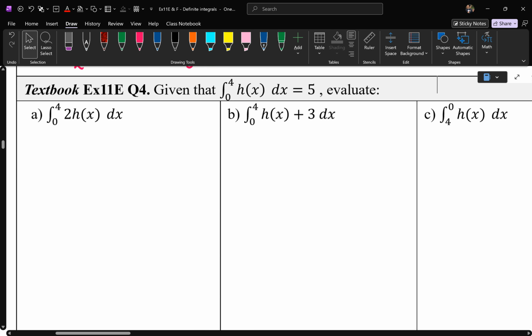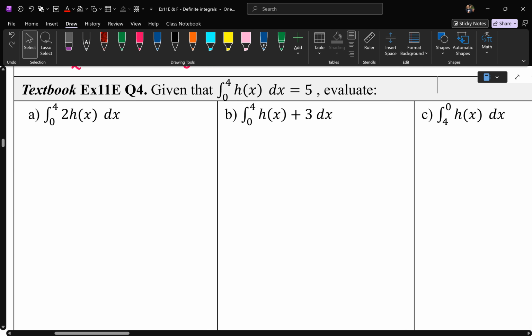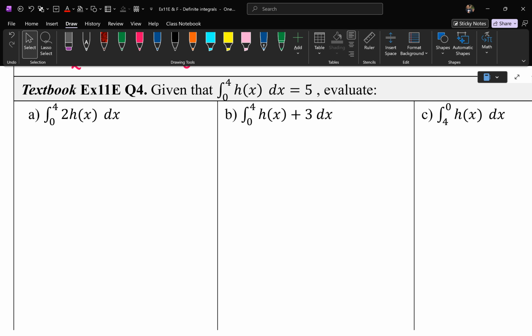In the exam, you could get something like this, where they might say, given that the antiderivative of h of x, which you don't know, and they don't give you h of x, but they say it's between 0 and 4, the area is 5. So I don't know what h of x is, but I just know that the area under the curve between 0 and 4 is going to equal 5.